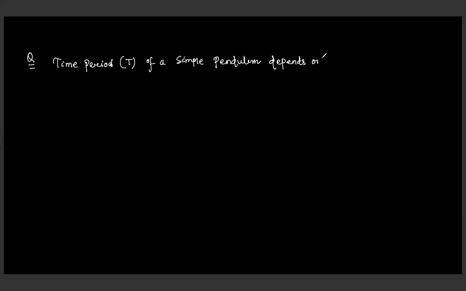Let's find out the time period of a simple pendulum. The question says that the time period capital T of a simple pendulum depends on the mass of the bob of the pendulum, the length of the string, that will be L, and acceleration due to gravity.